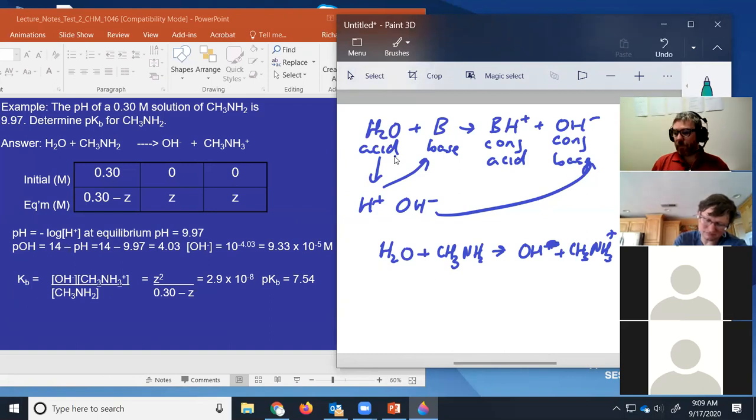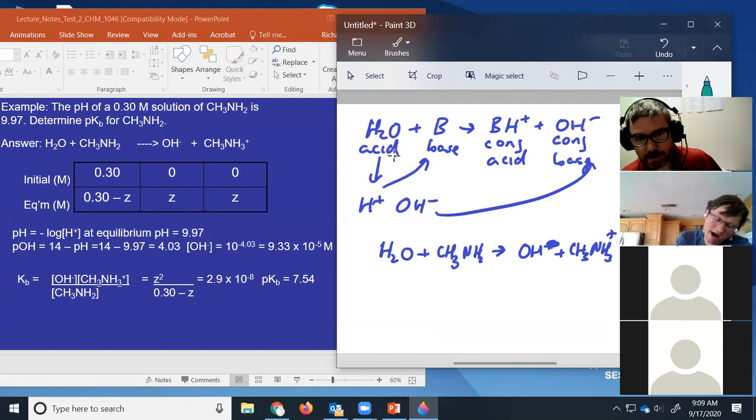There we go. Now the reason I know it's OH- again is because of the base, it's Kb. The H+ is from the water and it gets added to the CH3NH2, so that becomes CH3NH3 with a plus on it because we've added H+ to it. Does anybody have any questions?